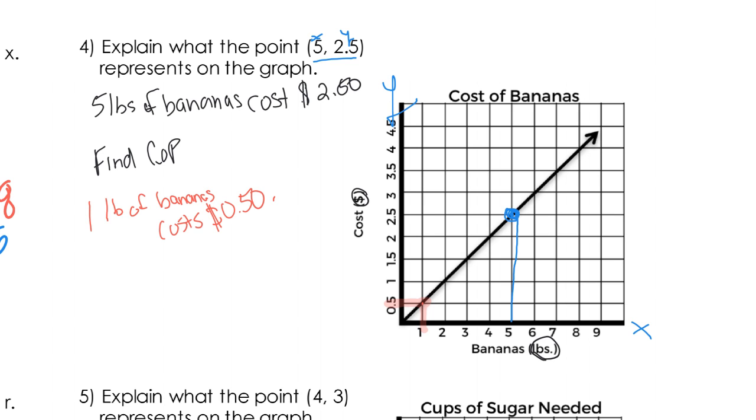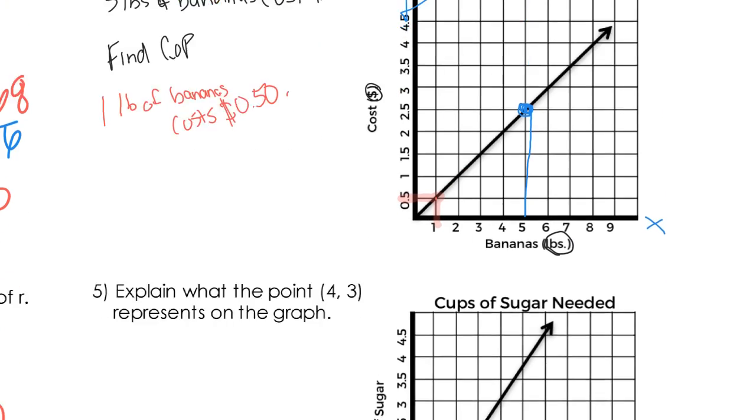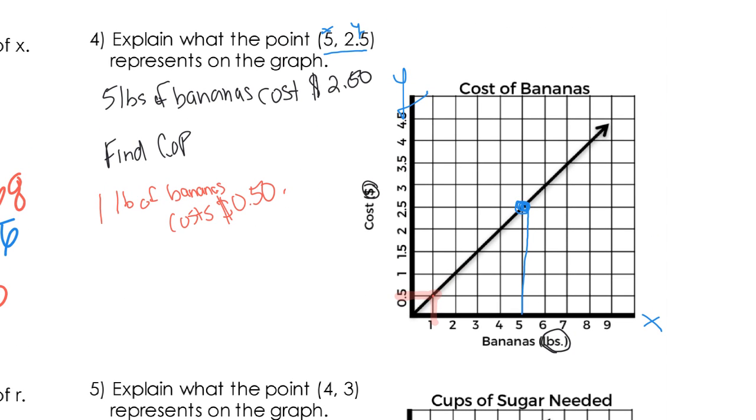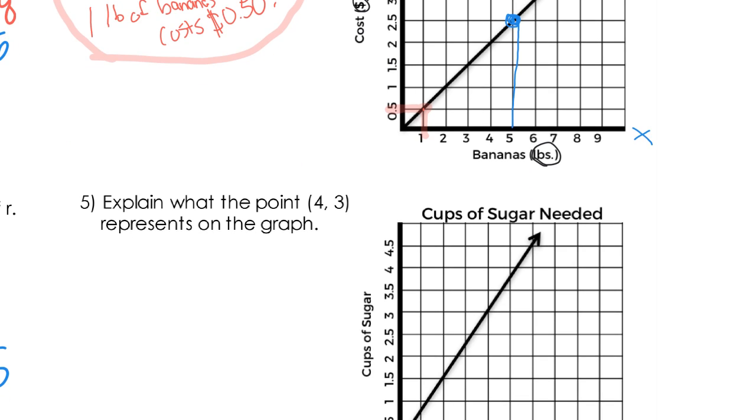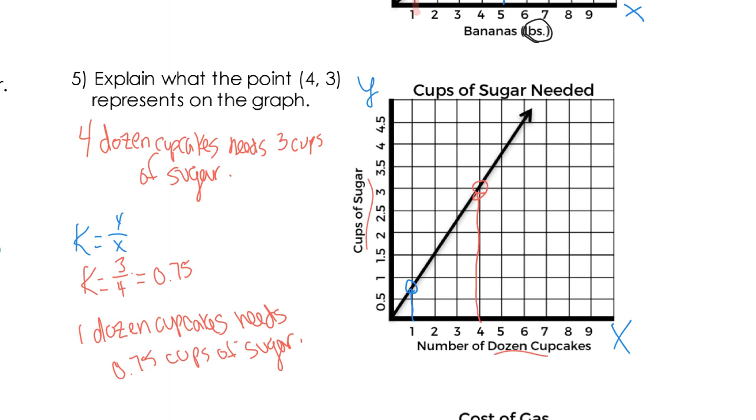Look at example 5. Explain in words what it means, and then find your constant of proportionality. Do both of those for me. Hopefully you found what (4, 3) means: 4 dozen cupcakes need 3 cups of sugar. Then you had to find your constant of proportionality. To do that, we go to 1 on the graph and see where that crosses.